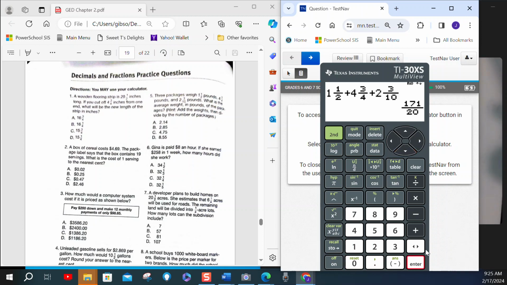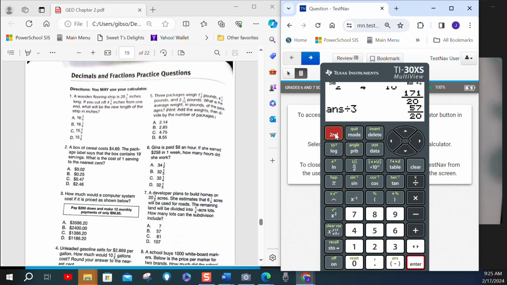Now that gives us 171 over 20. Now remember, they want us to do the average, so we will have to divide this by 3. So we'll put divided by and then 3. Now it gives us this fraction here. Now we want this fraction changed to a decimal.